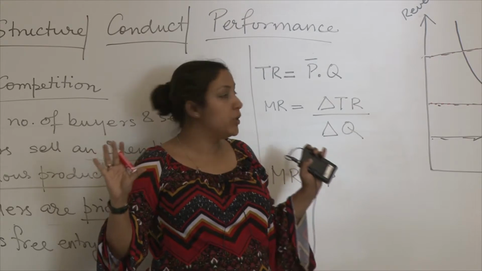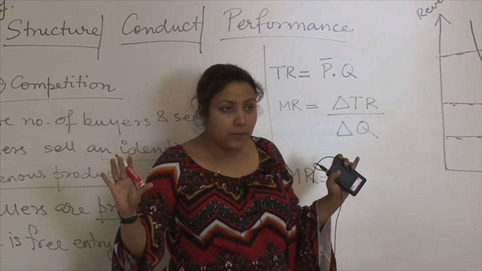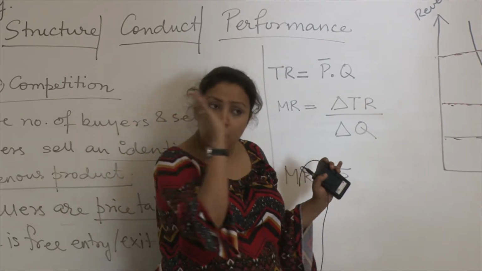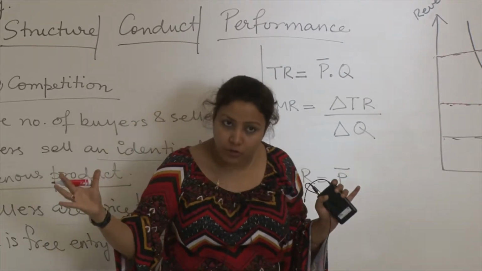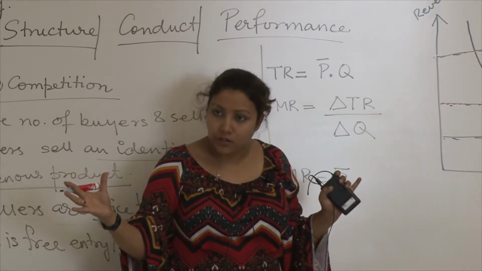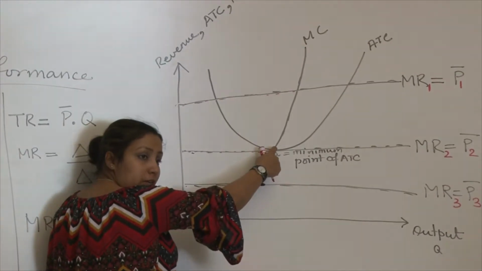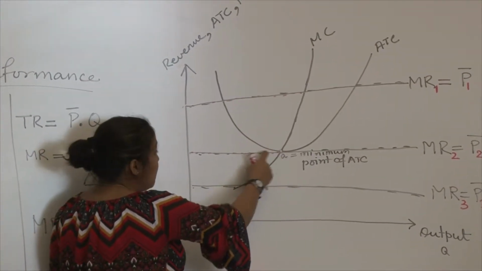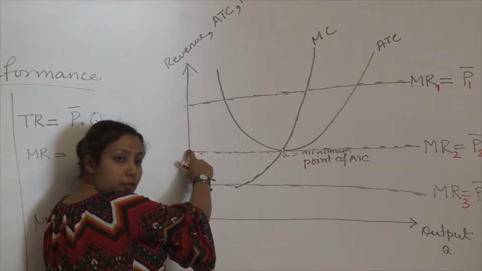If you look at situation 1, your price is P1 bar, but if you are a cost minimizing producer, and we know that all producers try to minimize their cost, right? So you would be producing at this point, correct? And at that point your cost would be that much, measuring from the vertical axis.